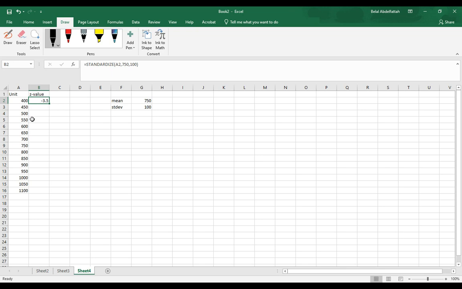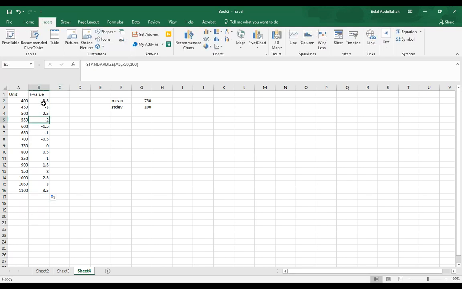Now remember, our values start at 450, so that's why we got a negative 3.5. Remember, anything that exceeds 3 in absolute value is an outlier. But we know that my beginning point is actually at 450 when I use the empirical rule. Now, here's another one that would be considered an outlier.